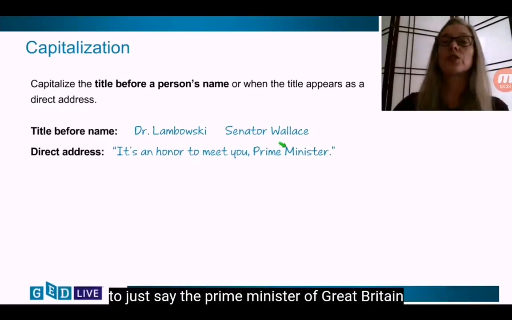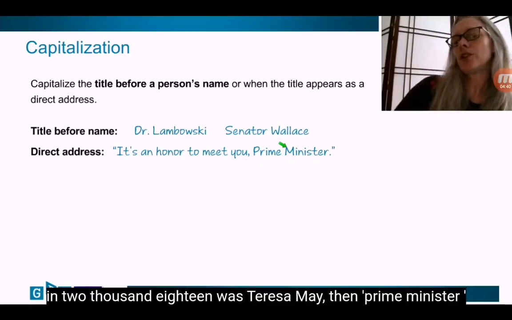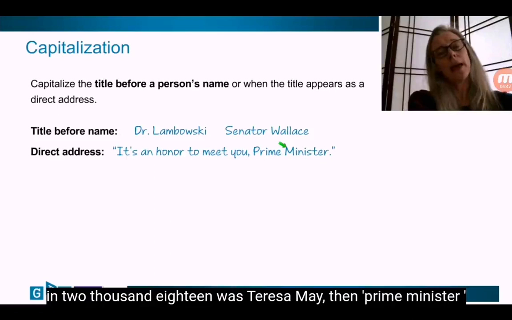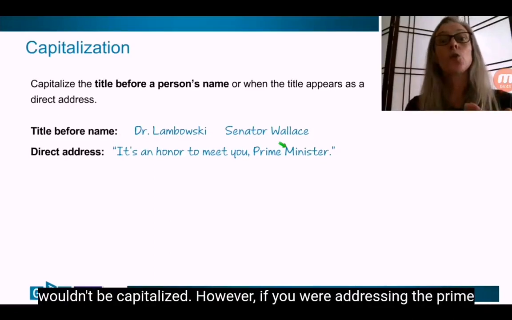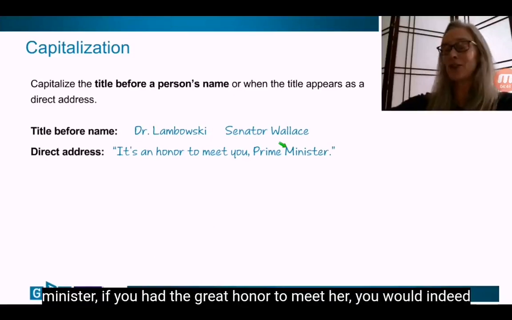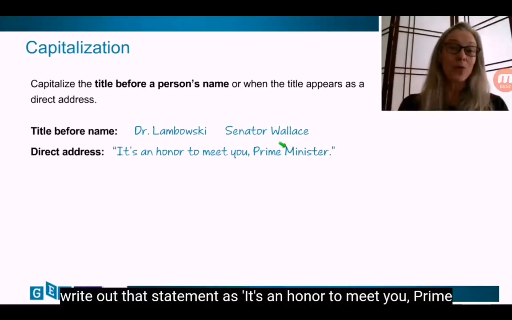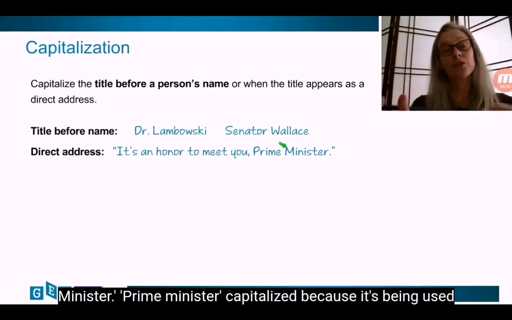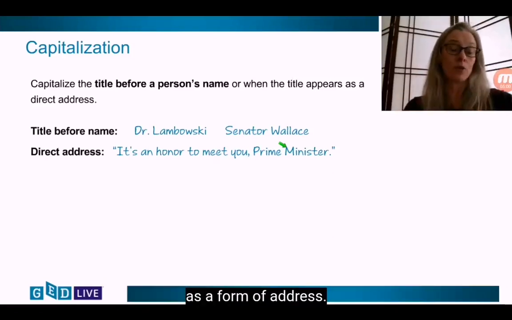Now, if we were to just say the Prime Minister of Great Britain in 2018 was Theresa May, then Prime Minister wouldn't be capitalized. However, if you were addressing the Prime Minister, if you had the great honor to meet her, you would indeed write out that statement as "it's an honor to meet you, Prime Minister," capitalized because it's being used as a form of address.